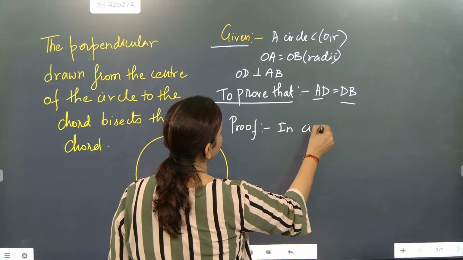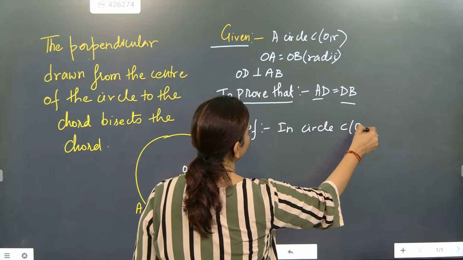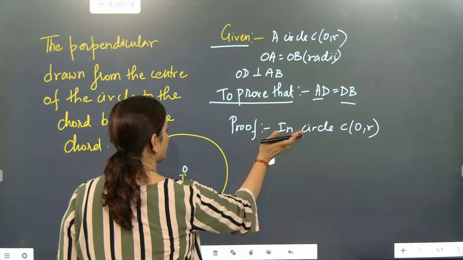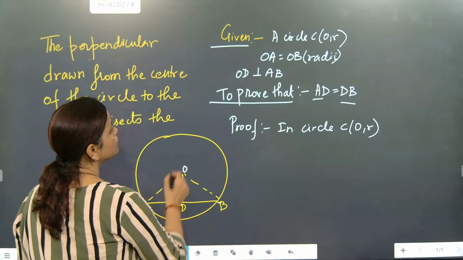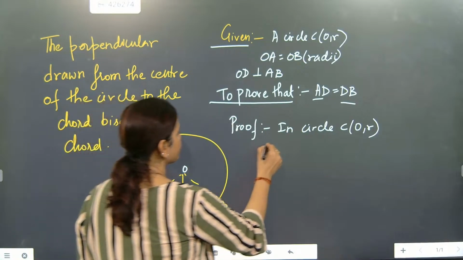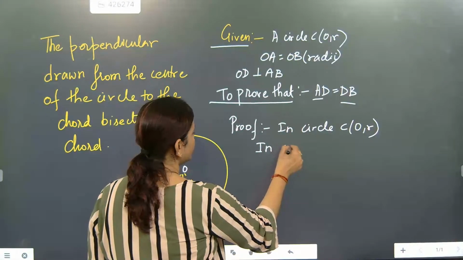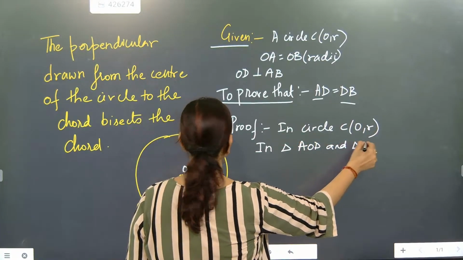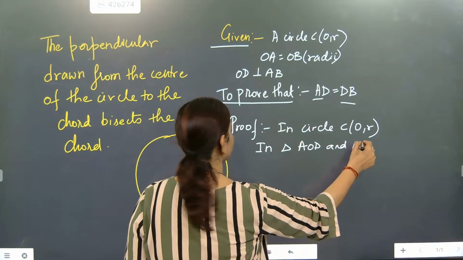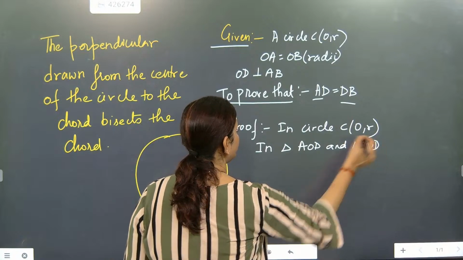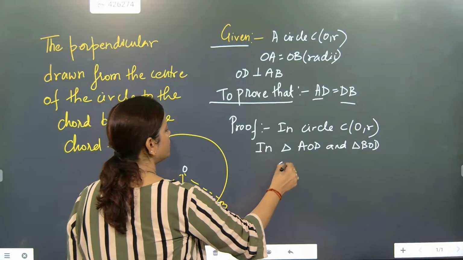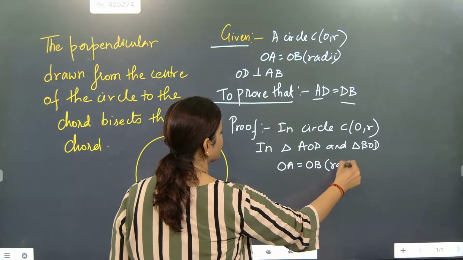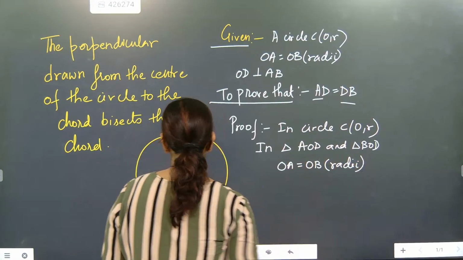In circle C with center O and radius R, we also know that OA is equal to OB, radii. So in triangle AOD and triangle BOD, OA is equal to OB, that is radii.